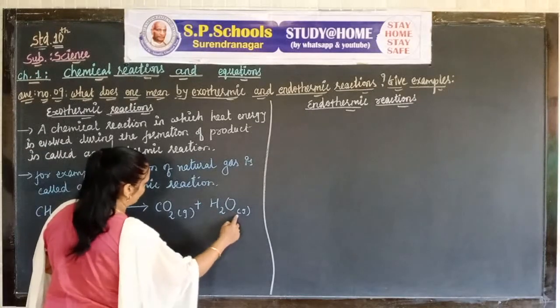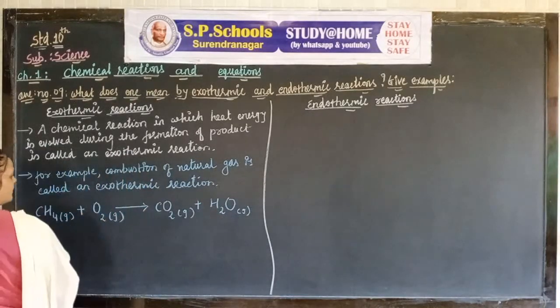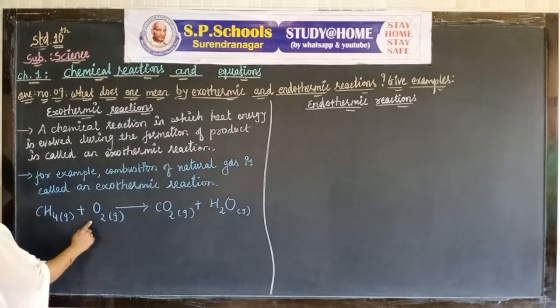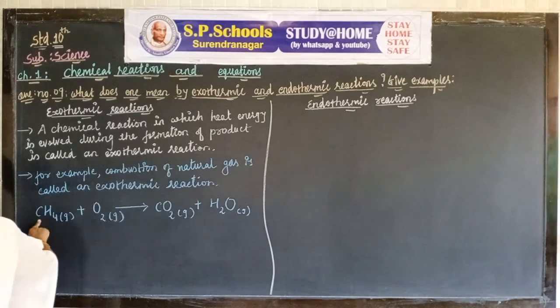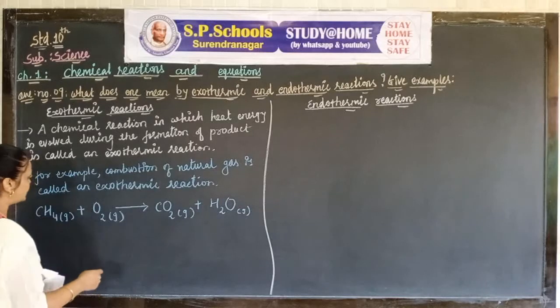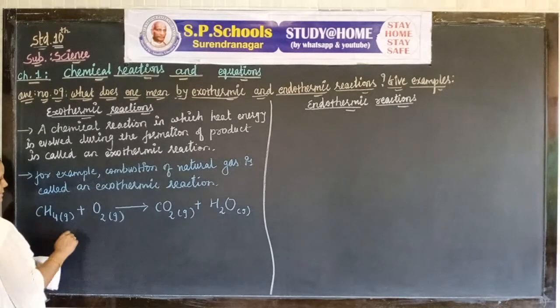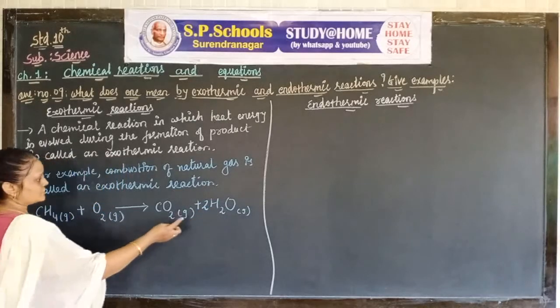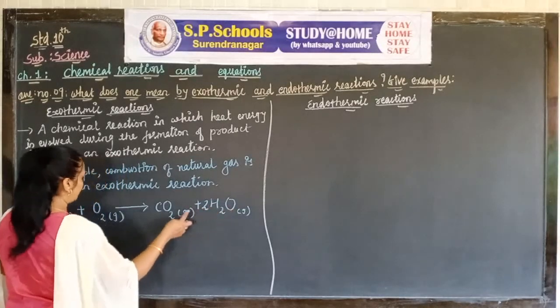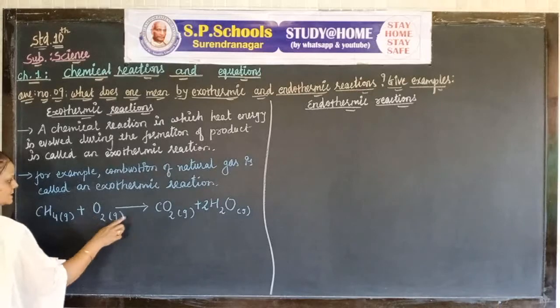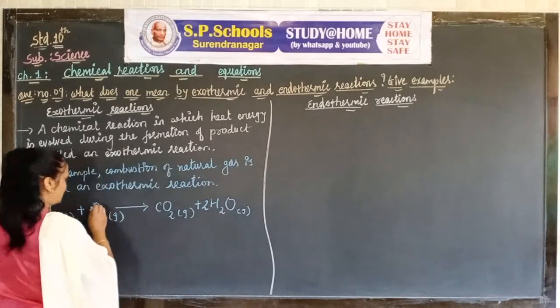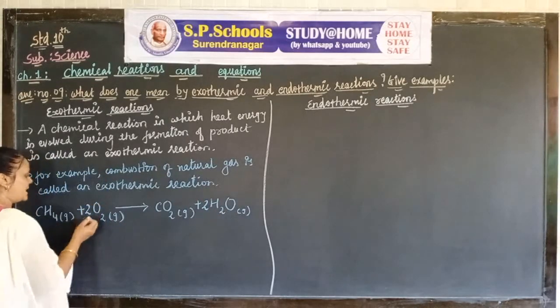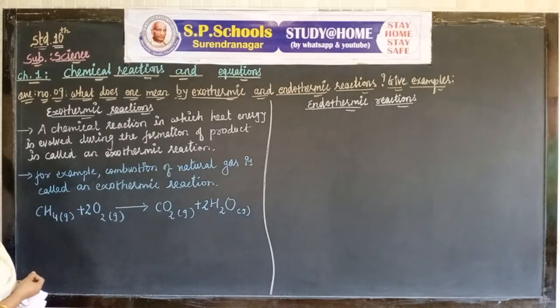Here H2O (g). To balance the equation, we balance carbon, then we balance the hydrogen. Here hydrogen is 4, so we balance hydrogen, 2 twos are 4, but oxygen will be unbalanced. Here 2 plus 2 is 4, so we put 2 to balance the oxygen. Now the equation will be balanced.